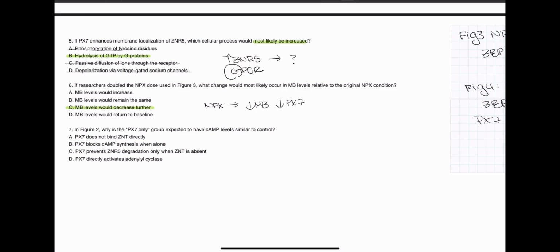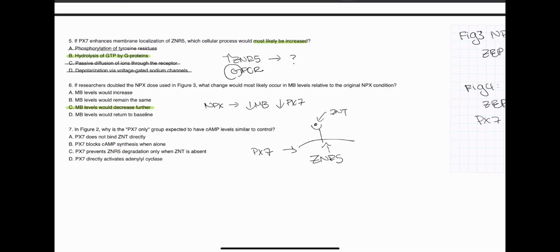Without ZNR5, ZNT cannot activate signaling, because PX7 leads ZNR5 to go all the way up to the membrane and localize there, and then ZNT can interact. So this is what's happening in my head. Like, this is how PX7 is working, right?